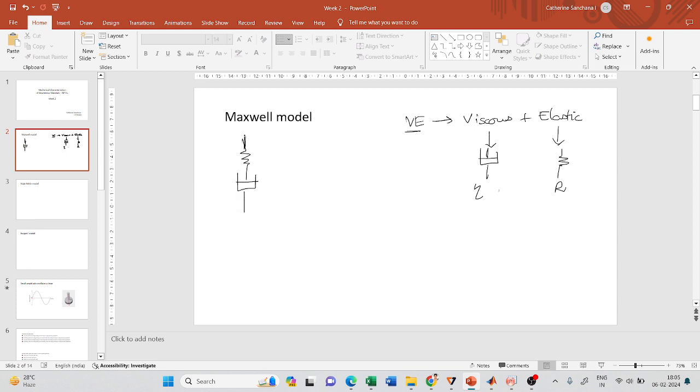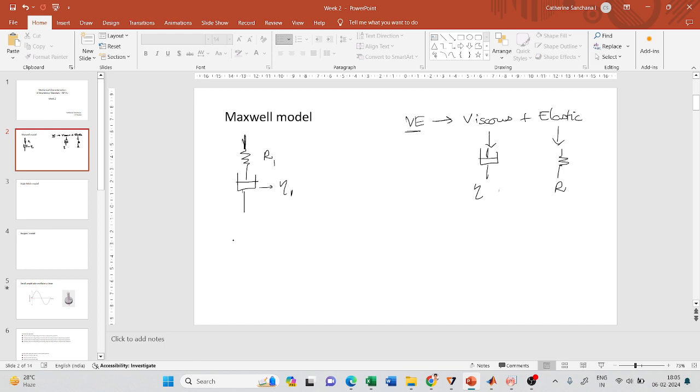So, let us represent the modulus of the spring as E1 and the viscosity of this dashpot as eta 1. Since a spring is an elastic element, it obeys the Hookean response, right?